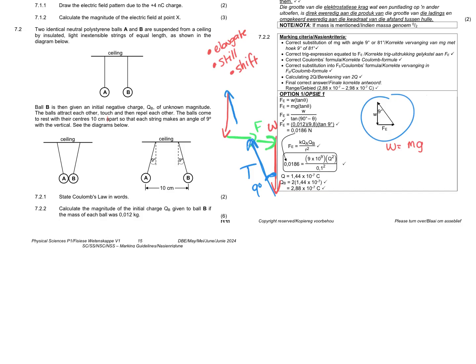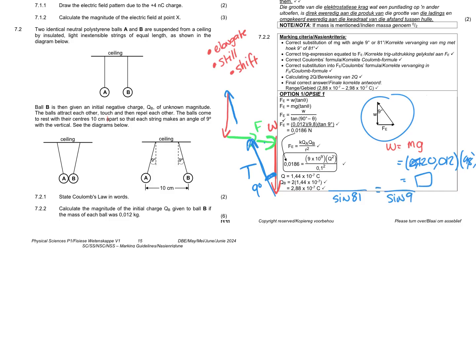So I would just work out W equals mg, which is 0.012 times 9.8, and get a number for that. So that means I have the red side. And if I'm trying to get the green side and I have the red side and this angle is 9 degrees, you can use the sine rule: sine of 81 and sine of 9.